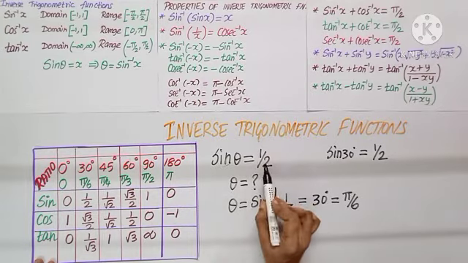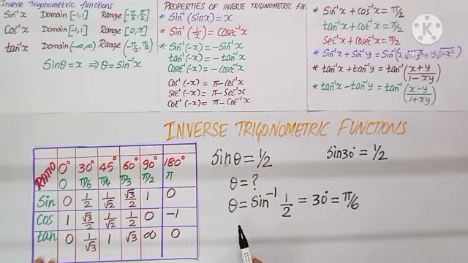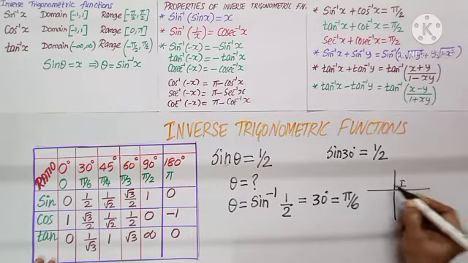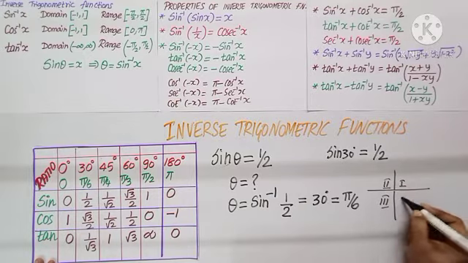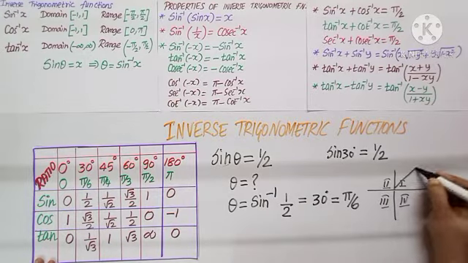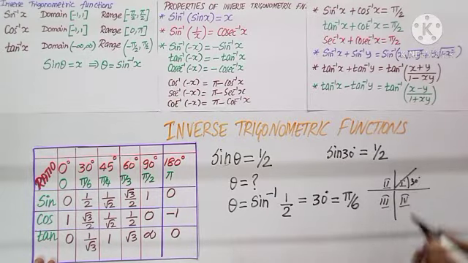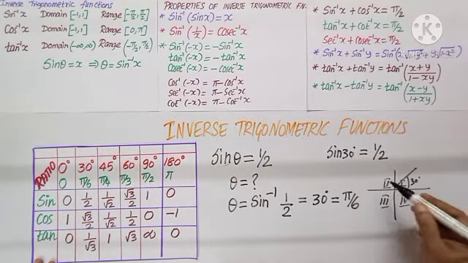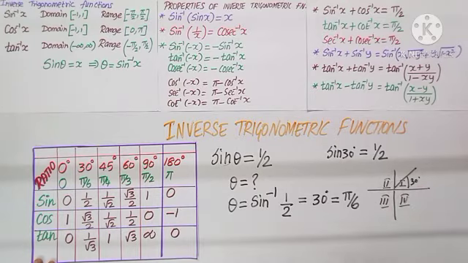Sine theta is half, what is theta? Sine inverse. Now, we also learnt the quadrants, 1, 2, 3, 4. Not only is sine 30 degrees half. If I rotate, in the second quadrant also sine is positive, I may get half.